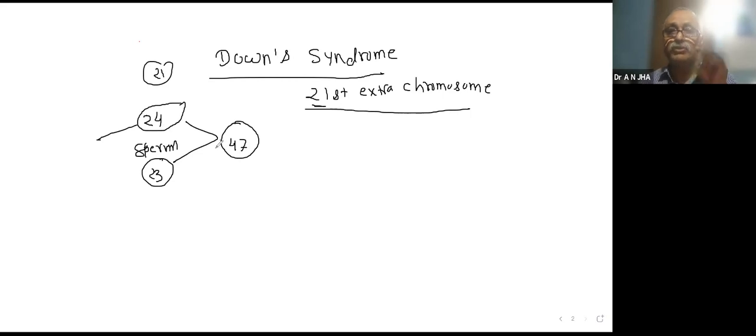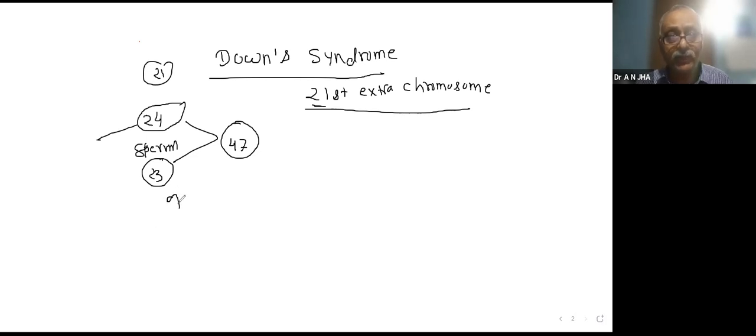Remember, if this zygote forms like this, there is no cure because it is fixed during the gamete formation, during the zygote formation. Whenever the zygote forms and it develops, the syndrome will develop. No one can change it.